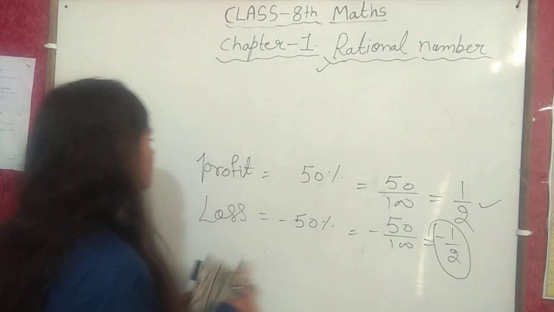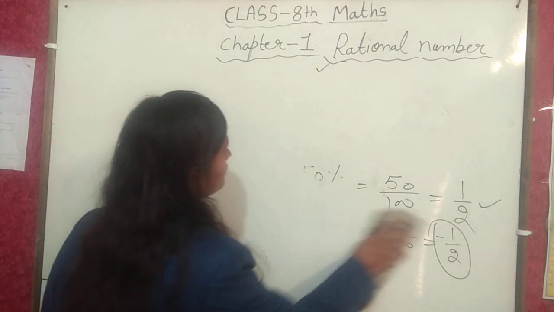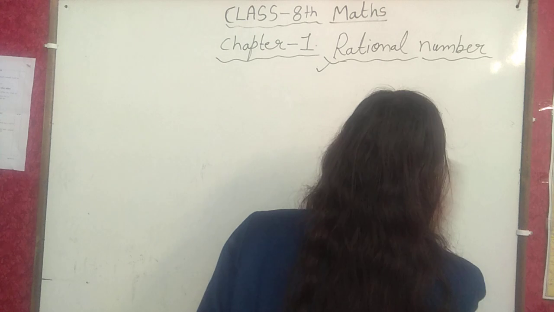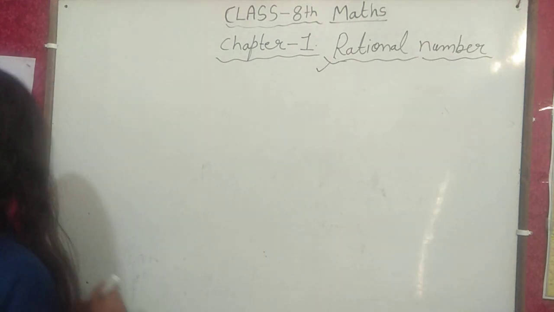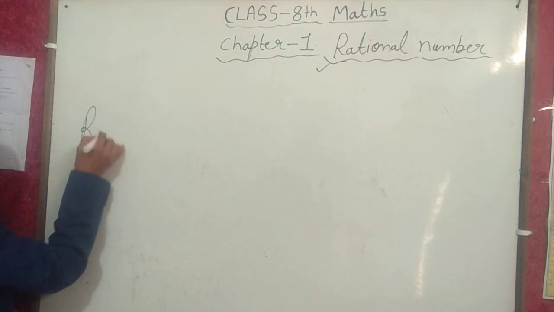Okay, so first of all we will write the definition of a rational number.